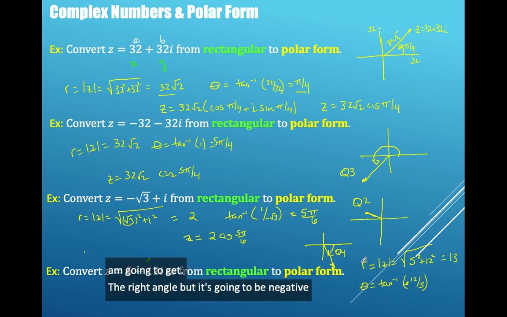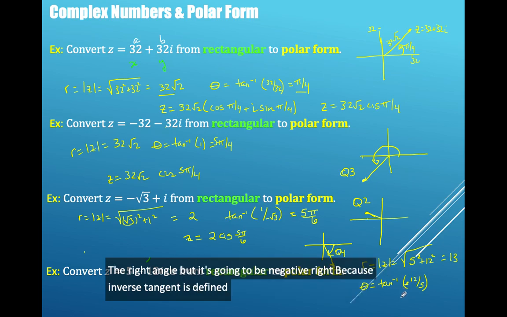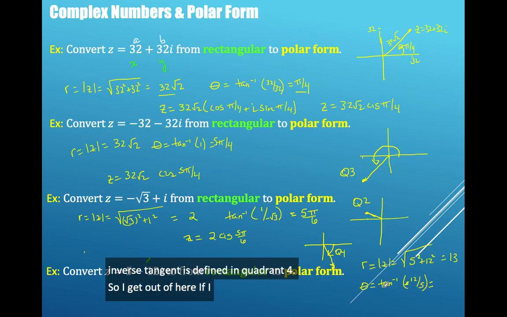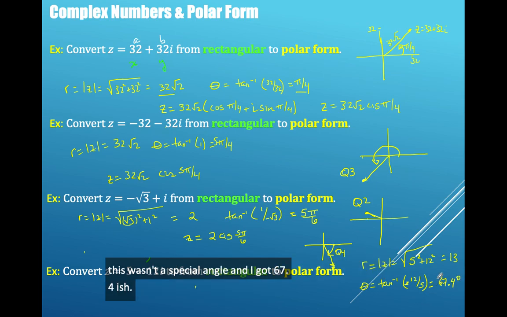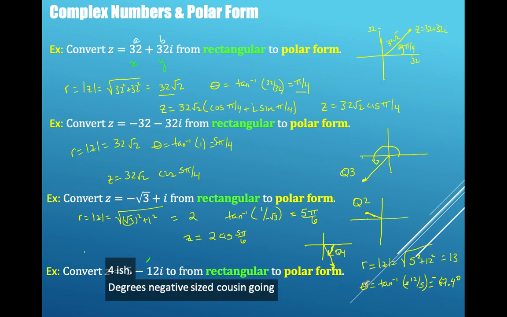Because inverse tangent is defined in quadrant 4. So I get out of here, and I put this one in degrees just because this wasn't a special angle, and I got 67.4-ish degrees. Negatized, because I'm going backwards, right?